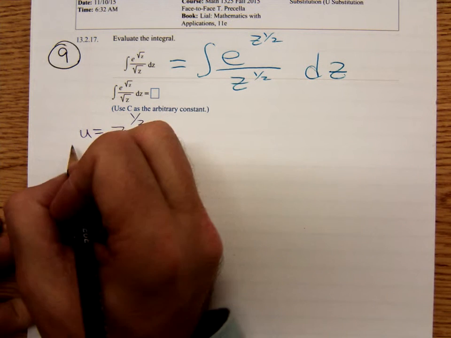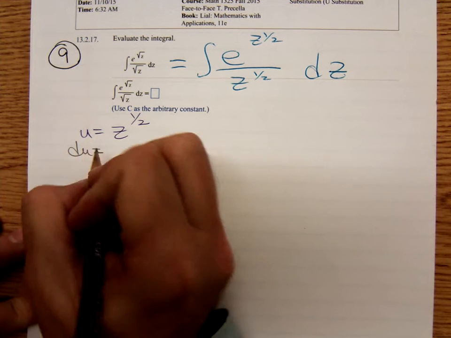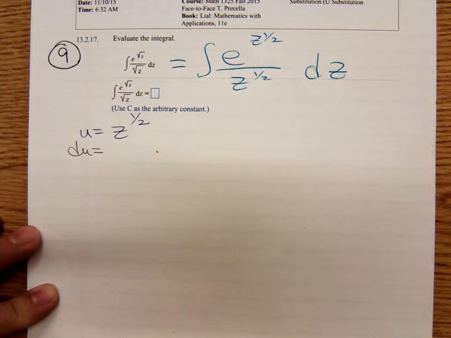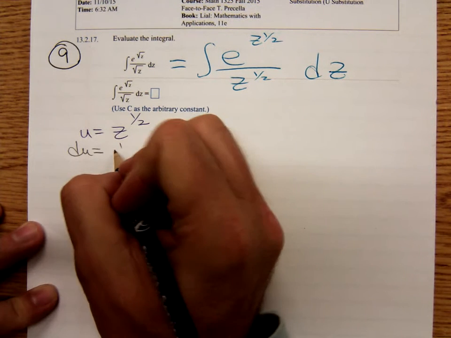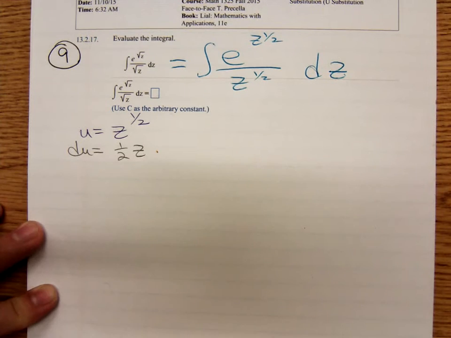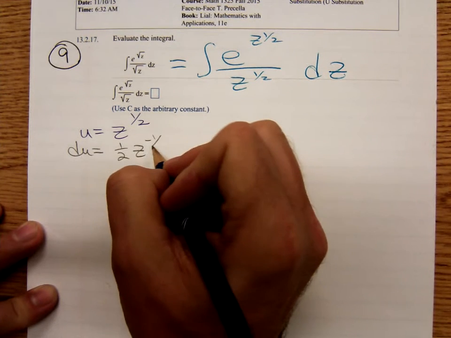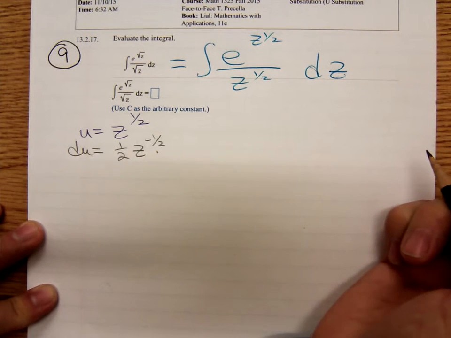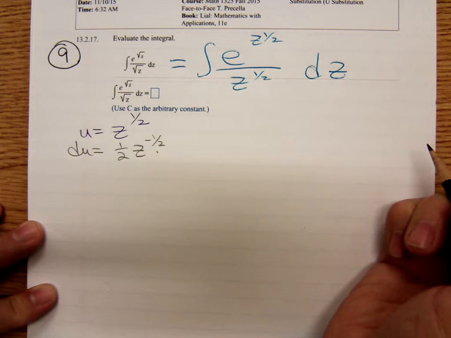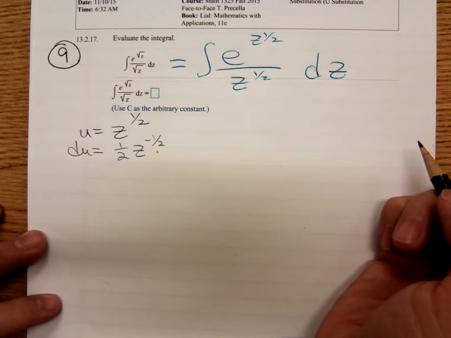And then du is equal to, let's differentiate, 1/2 z to the negative 1/2 dz.